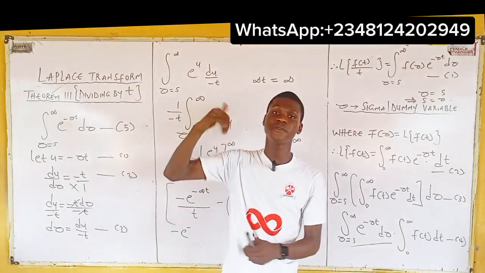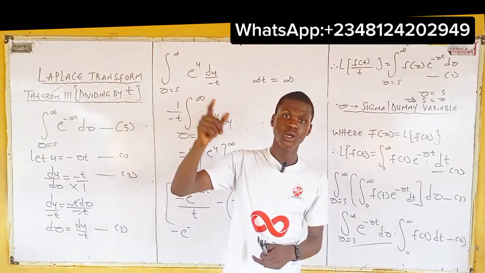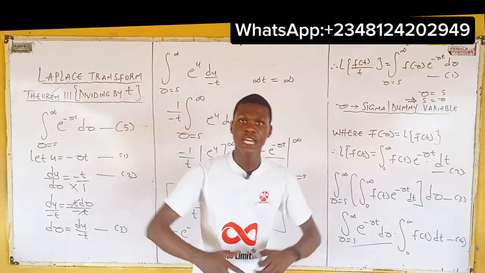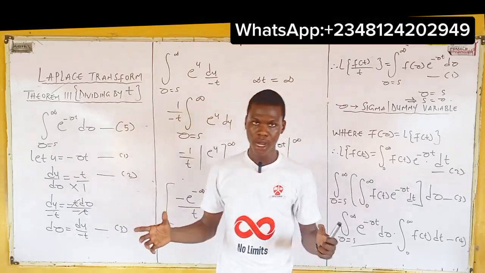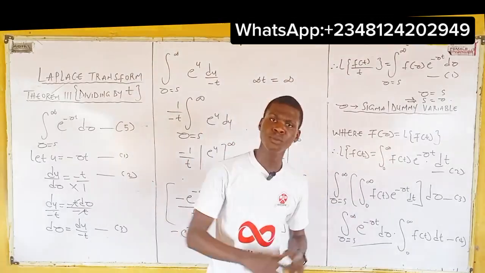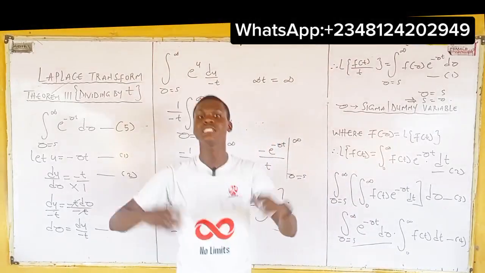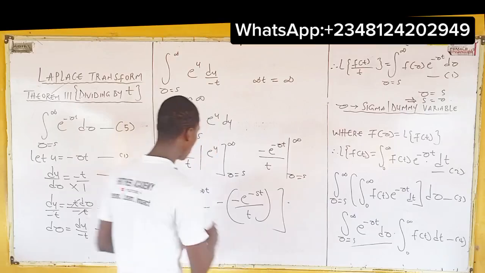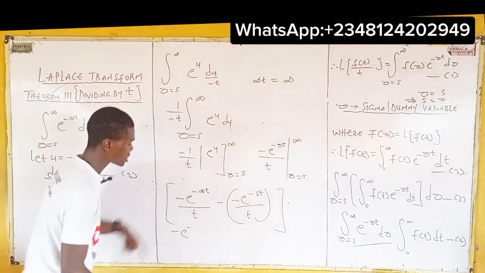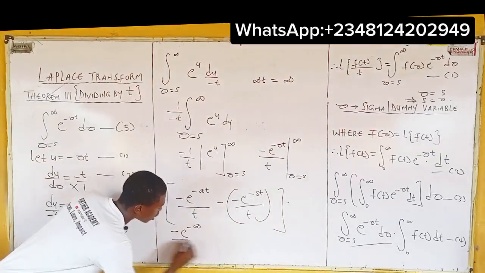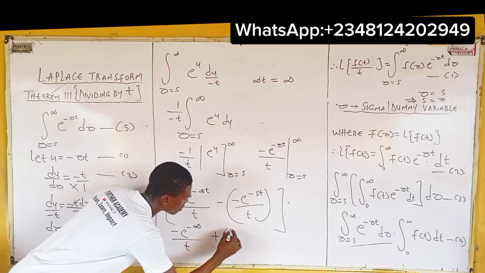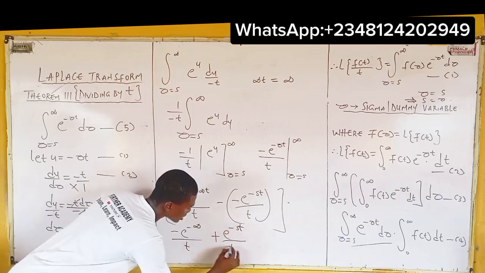I explained this in the previous video, right? Infinity multiplied by a large number gives you a very large number. So we are saying that infinity multiplied by a number still gives you infinity itself. So what we have here simply means negative exponential to the power of negative infinity all divided by t, plus exponential to the power of negative st over t.